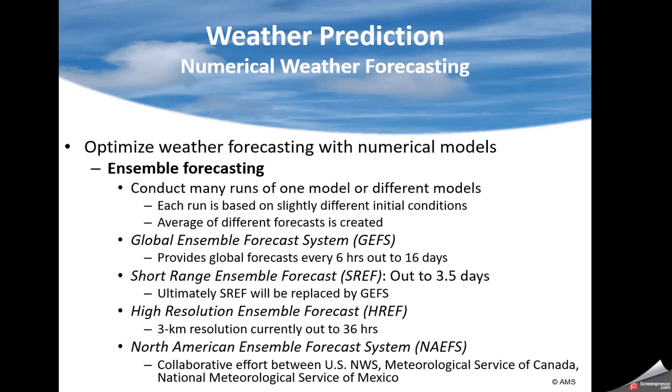To make an ensemble, what we do is we know we can't solve the equations properly. We put approximations in there. Well, maybe we change those approximations to give one set of ensembles. Oh yeah, I talked about the analysis of what's going on. Well, we know that our analysis is not exact. So let's tweak that analysis.